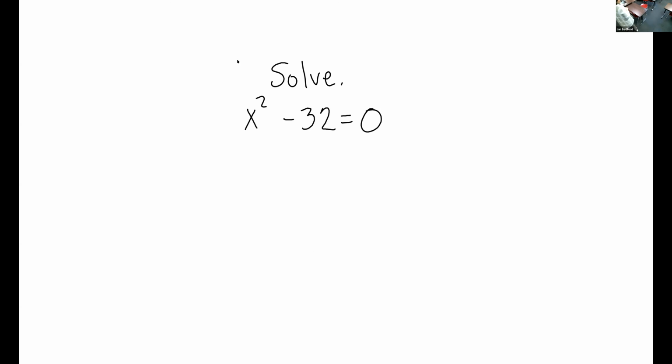Okay, x squared minus 32 equals 0. Is this something we could solve by factoring? What do you guys think? Okay, so he thinks maybe we could solve by factoring.